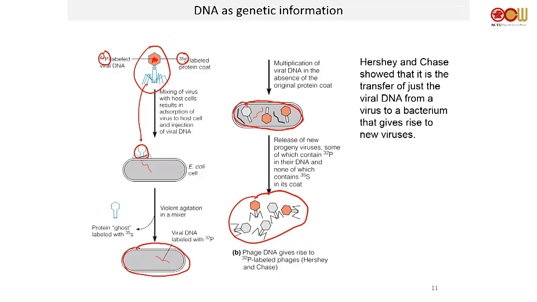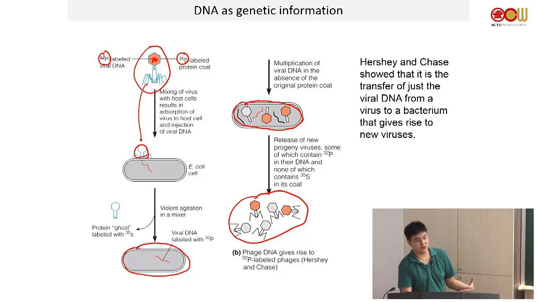Then all you have to do is analyze and ask: do I have labeled phosphate or do I have labeled sulfur? If I have labeled phosphorus, then it tells me that DNA persisted. If I have labeled sulfur, it tells me protein persisted. Their result shows you only have the labeled phosphorus. That tells you that DNA was the one that went through this entire phage amplification procedure.